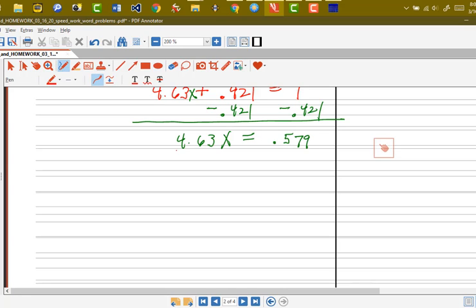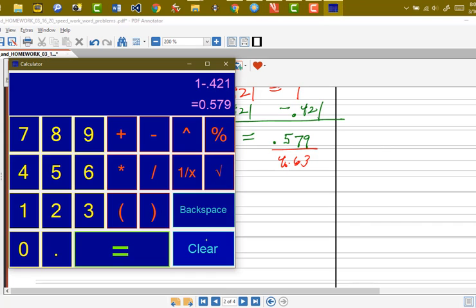And now I'm going to divide by 4.63. So I get x equals 0.579 divided by 4.63.